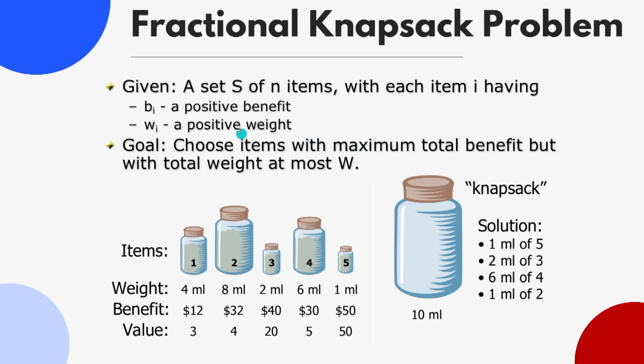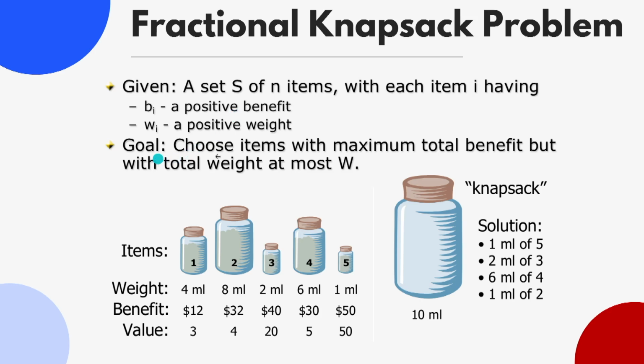To better understand the fractional knapsack problem, we have given a simple example here. We have the same set of n items, and every item has a benefit and a weight associated with it, and both benefit and weight are positive numbers.